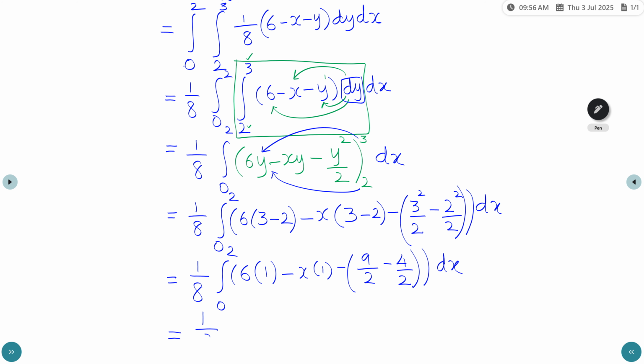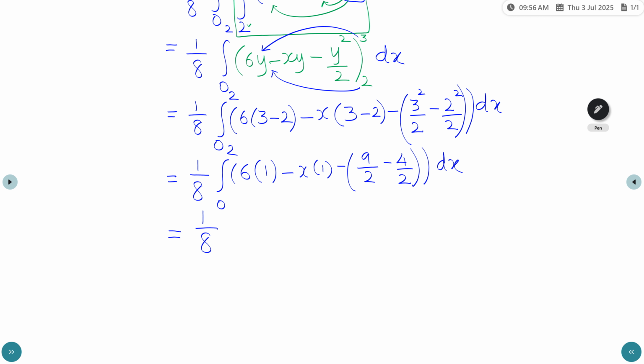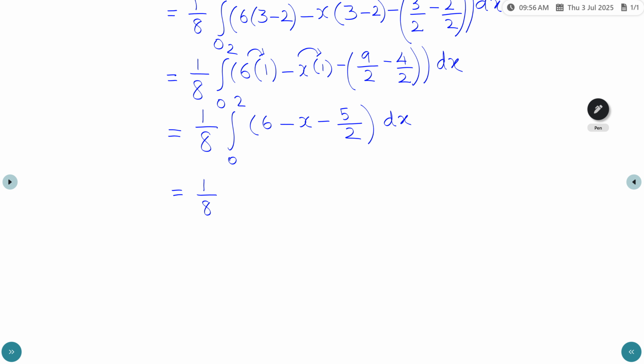Which is equal to 1 by 8, 0 to 2, 6 minus 6 into 1, 6. So x into 1, minus x, minus, both the denominators are 2, numerator 9 minus 4, that is 5, into dx. Next, integration with respect to x.